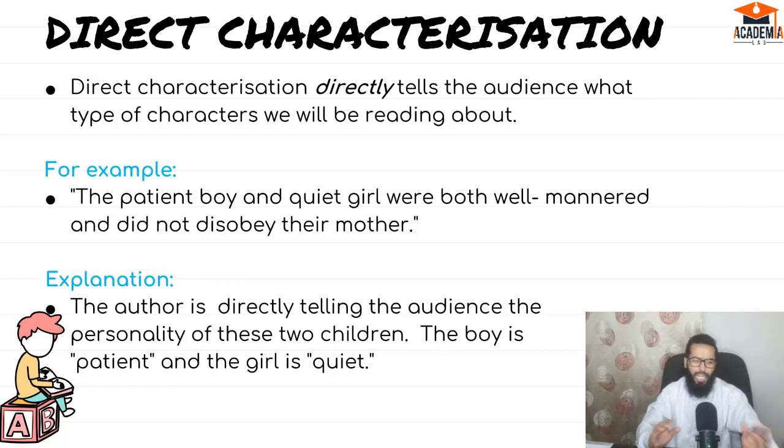Now, we can clearly see that the boy is patient and the girl is quiet. These are characteristics that define the boy and the girl, right? So the explanation is that the author is directly telling us, the audience, the personality of these two kids: the boy is patient, the girl is quiet. He is directly telling us their characterizations, or their characteristics.